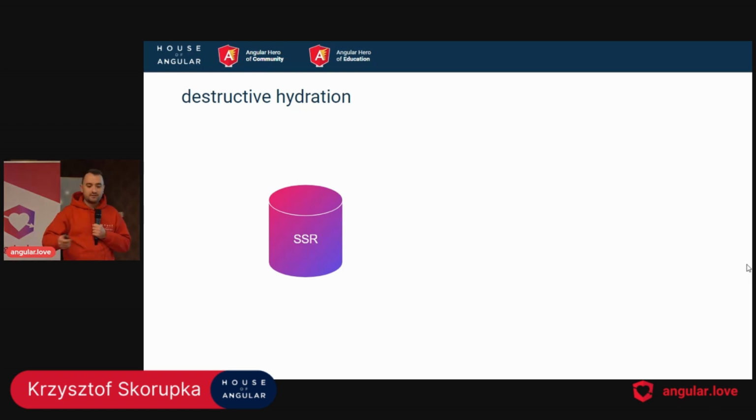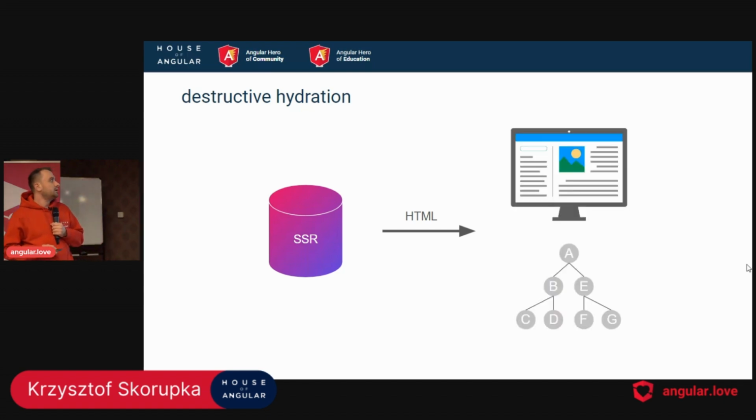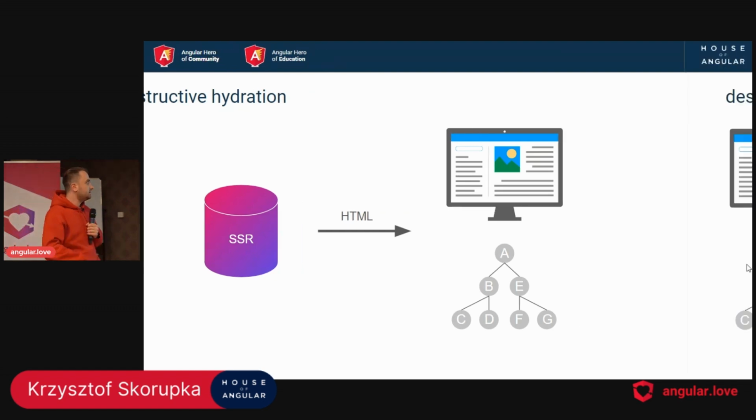We are fetching the data, getting everything, doing all of the calculations. And once the whole thing is ready, we are snapshotting this to a string and then pushing through the network the HTML as an HTML response to the browser. And as a result, we get the web page, which gets rendered. There is a DOM tree, but the important thing is that this page is still static, so no interaction at all. It just looks like it looks.